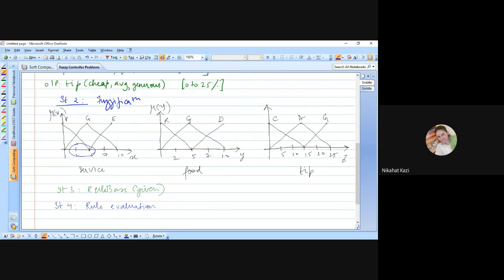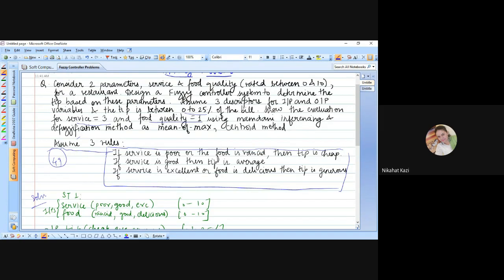Okay, and the rules, you have to check in the rules, because now we don't have that complete rule base of 9 rules, so all combinations with that. But this is our rule base, which is directly given to us. So from these rules, which are the rules? Out of these rules, which are the rules which will map to that service value 3? Can you tell me?